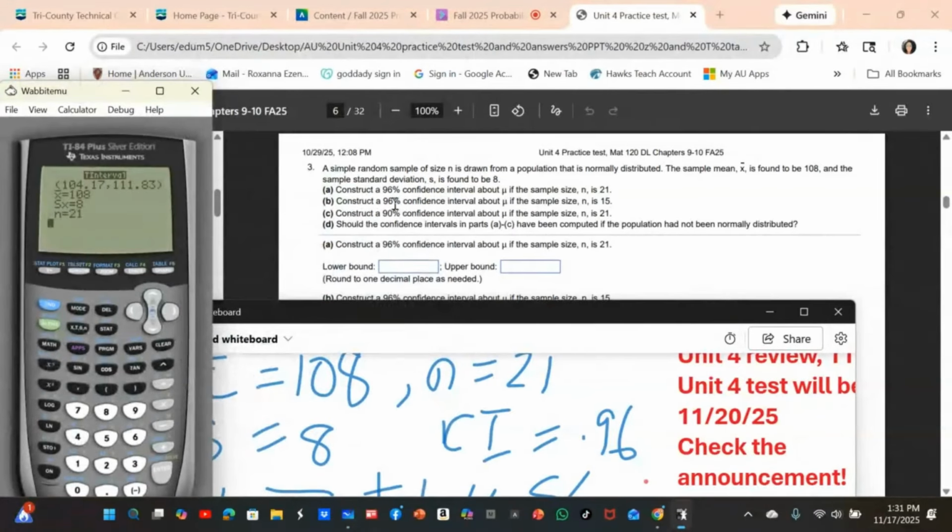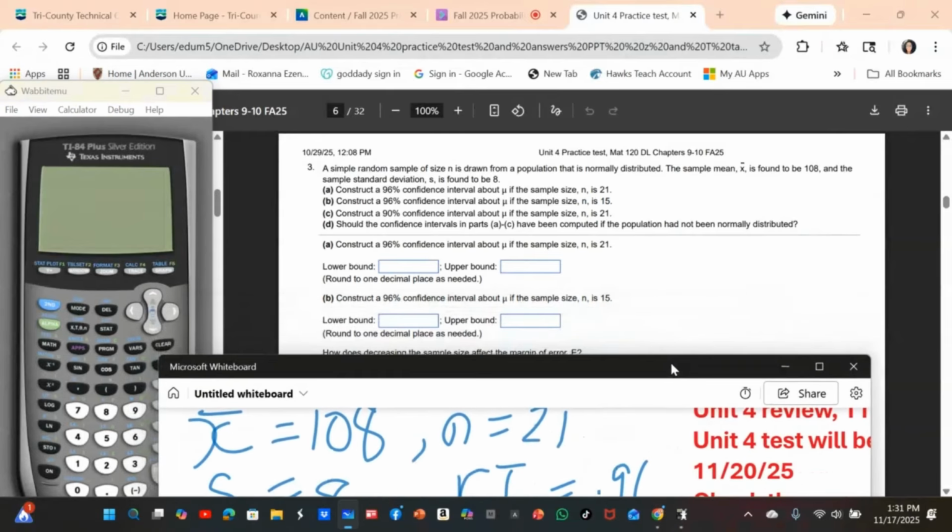All you need to do now is change the sample size to 15 and everything else will be the same. Let's do the confidence interval and find the margin of error.